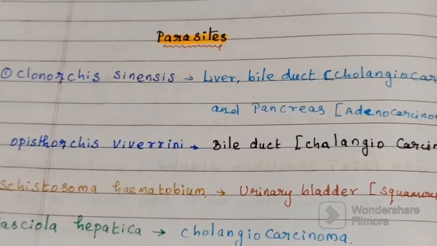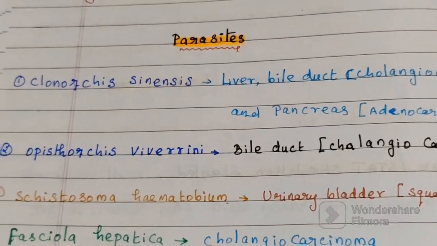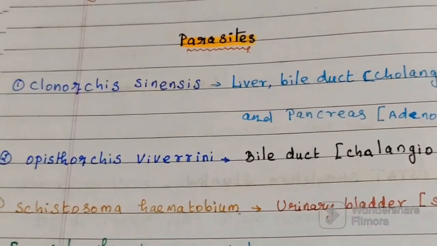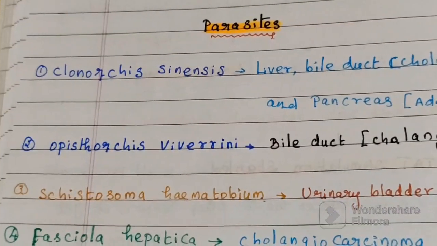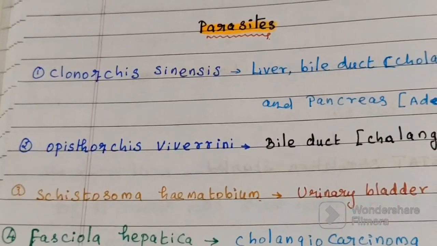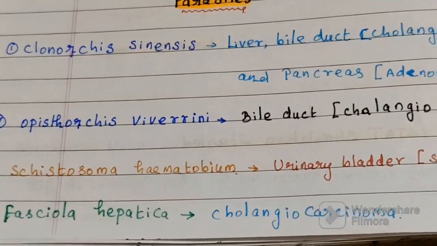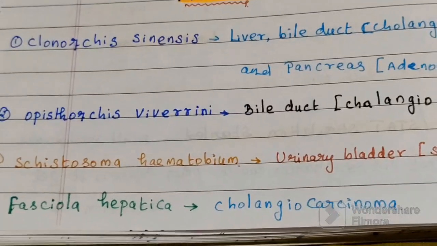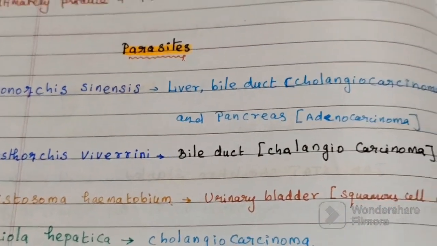So these are the 4 parasites that cause cancer. What are the 4? Clonorchis sinensis, Opisthorchis viverrini, then Schistosoma haematobium, then Fasciola hepatica.